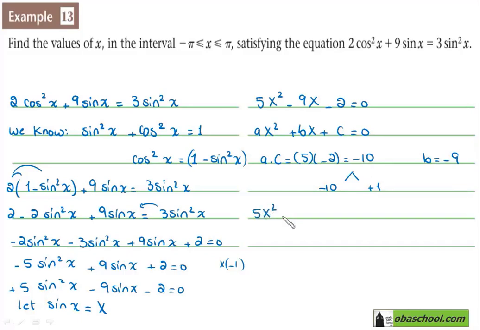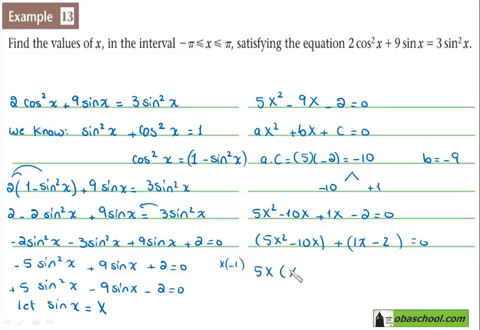5X squared minus 10X plus 1X minus 2 equals 0. It changed from 3 terms to 4 terms. Now we group. We factorize. 5X is common.